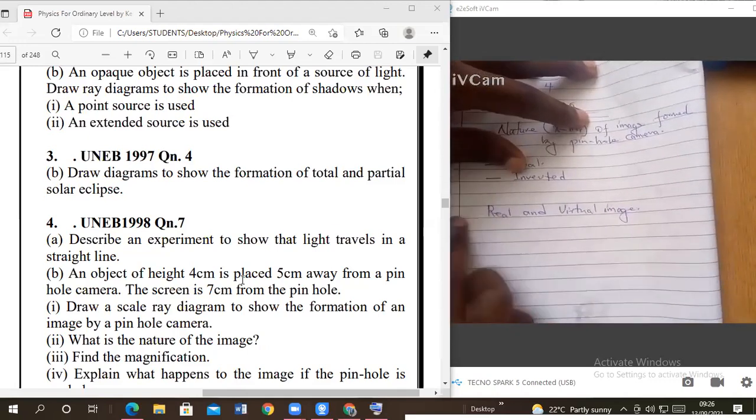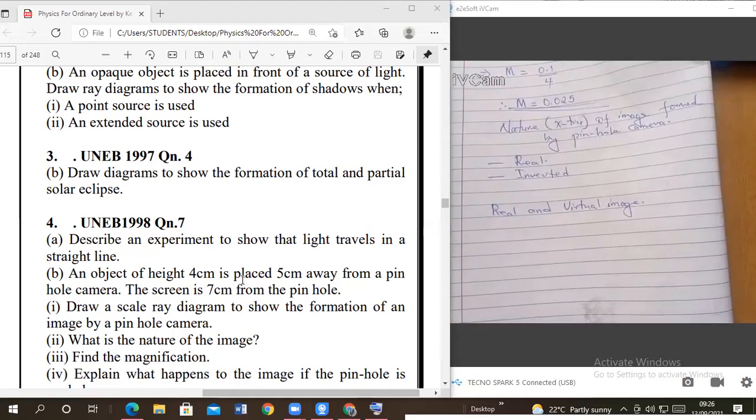What's the difference between them? I remember explaining this the other time. Who can remind us what a real image is? Patricia?